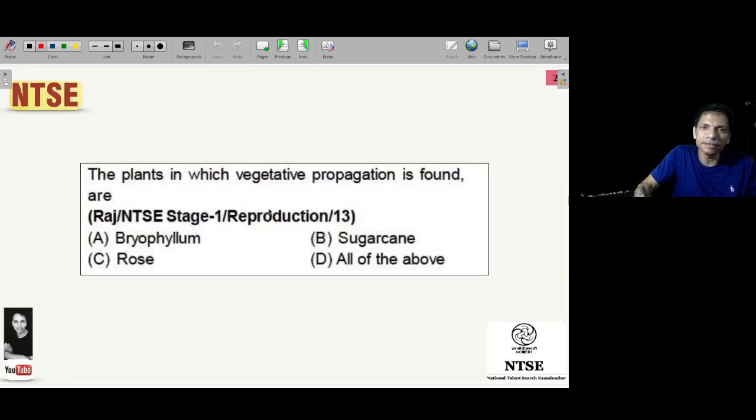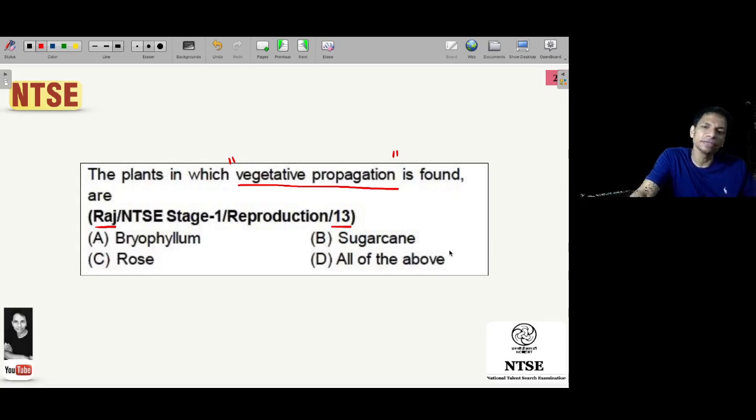The plants in which vegetative propagation is found. This was actually asked in Rajasthan in the year 2013. The options are Bryophyllum, sugarcane, rose, all the above.